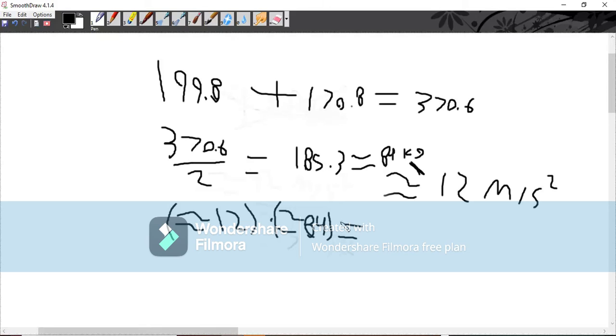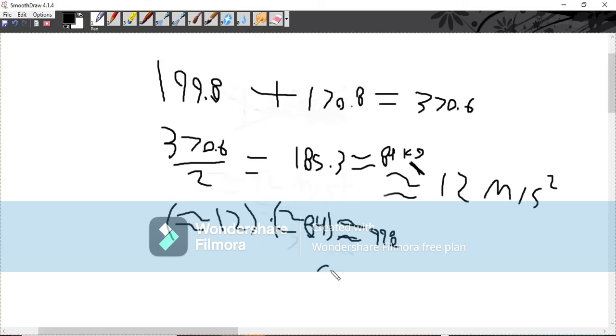But since these are approximates and aren't exactly 12 and aren't exactly 84, it is actually more like 998. It's like a very long repeating number, but it's about that. So now this is our newtons.